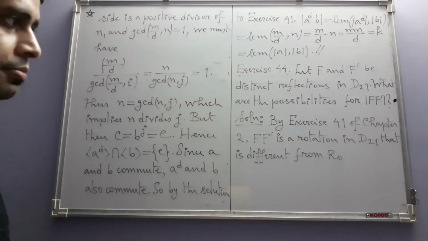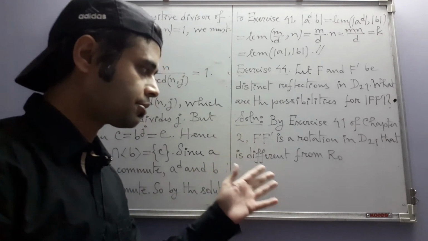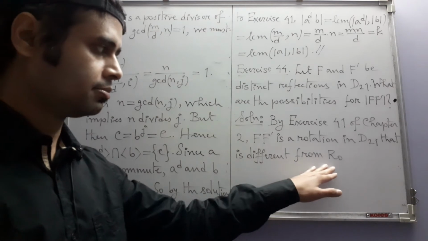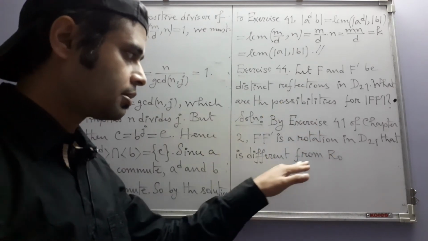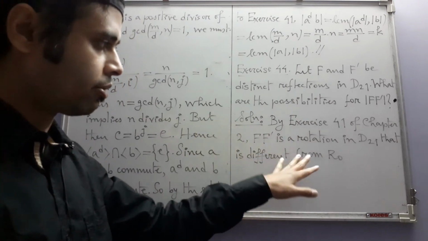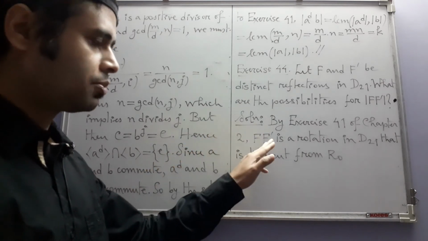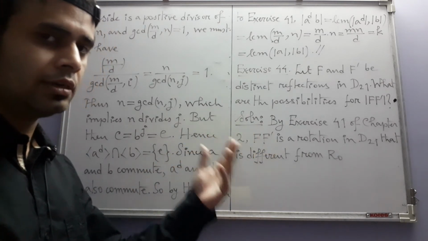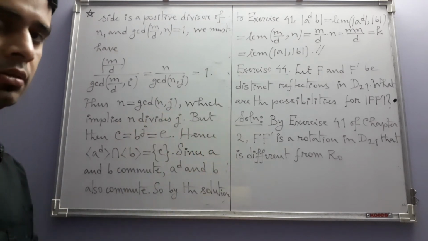Actually, the fact that this product is a rotation is not the content of this exercise. In the exercise we showed back then that this is not equal to R0. Since it's a product of two reflections, from yet another previous exercise, we know that it's a rotation.